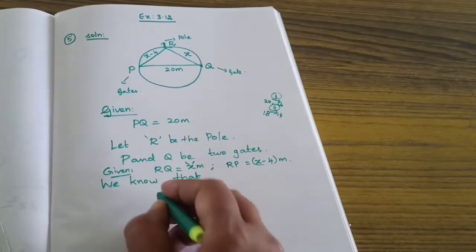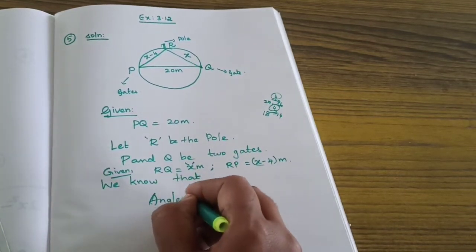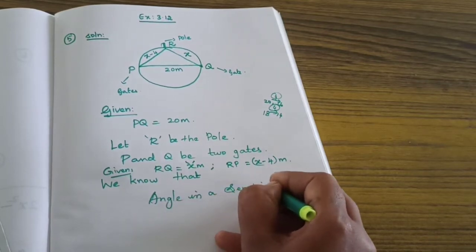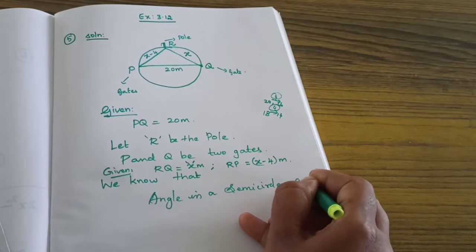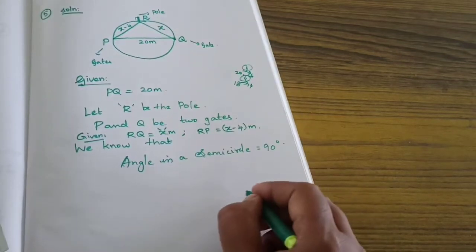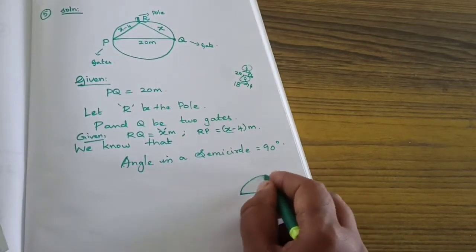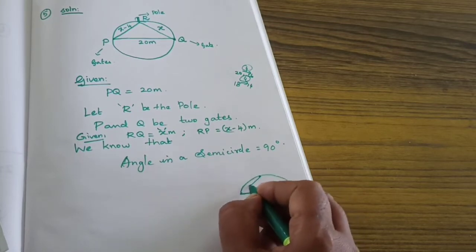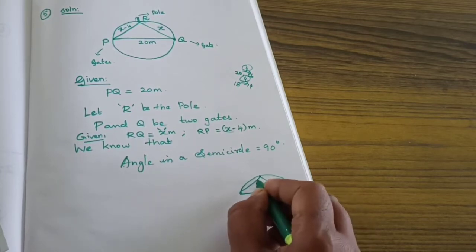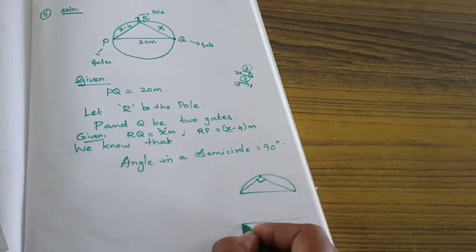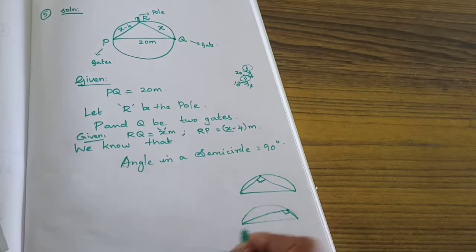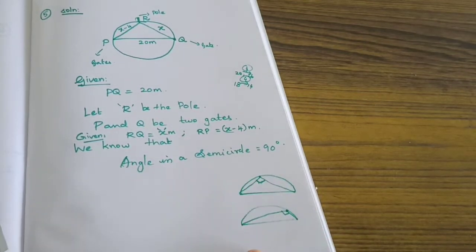Okay, we know that the angle in a semicircle is 90 degrees. We studied this in 9th standard. Suppose in a semicircle, whatever point we select, what is the angle it will form? 90 degrees.